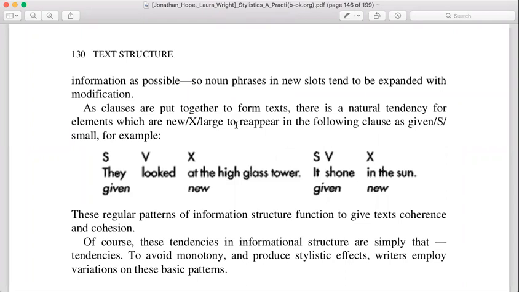No, not exactly, because we are looking at isolated sentences. If the text continues, then this is just not the end of the text. But as far as the sentence is concerned, of course, the sentence structure is given and new. Okay, and it can be new and given also.